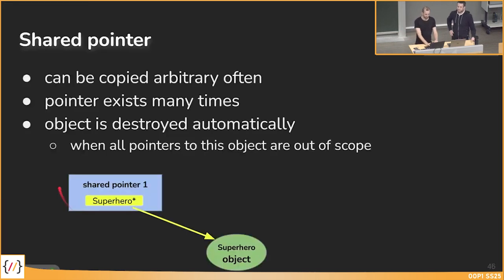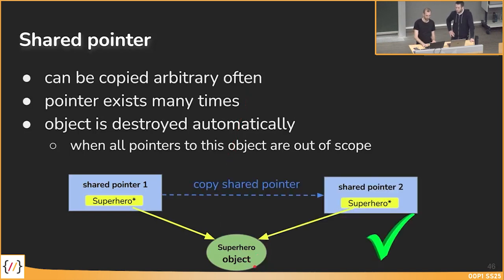So we can now create a shared pointer, and this can have arbitrary copies of it. The object itself only exists once, but I can have more than one shared pointer pointing to the same object. And the object gets destroyed automatically as soon as all of the shared pointers pointing to the superhero are out of scope, which means they are also destroyed.